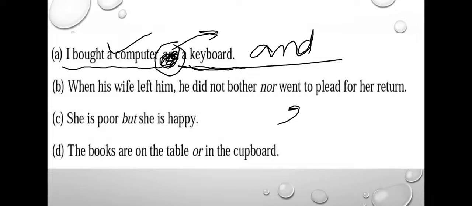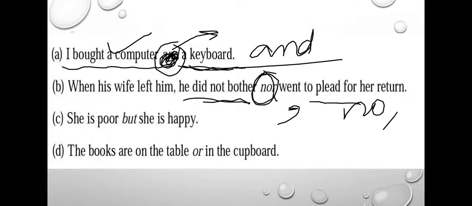When his wife left him, he didn't bother, nor did he go to plead for her return. The person is not going to request her to come back, so the person is not going to bother her. So nor is being used here to talk about two different ideas together.